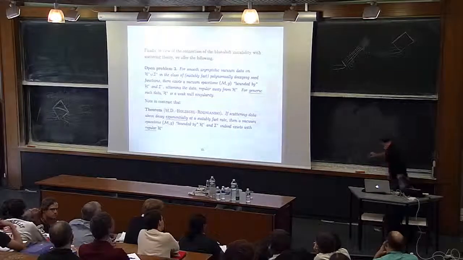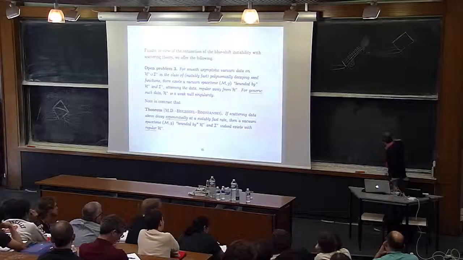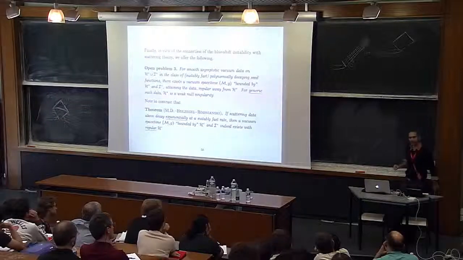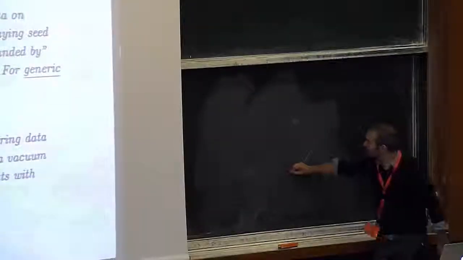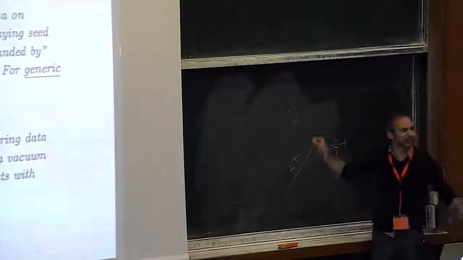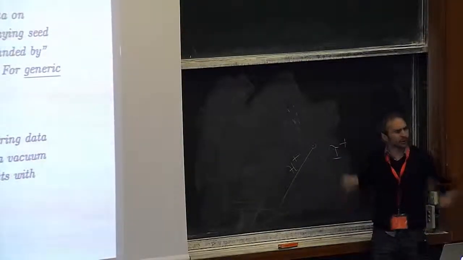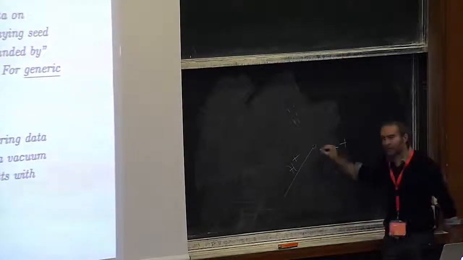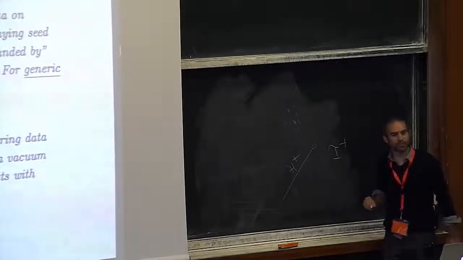But I try to construct black hole exteriors by imposing initial data on H plus and I plus, just like in the scattering theory for the linear wave equation, but now for the nonlinear Einstein equations. And I solve the Einstein vacuum equations backwards.